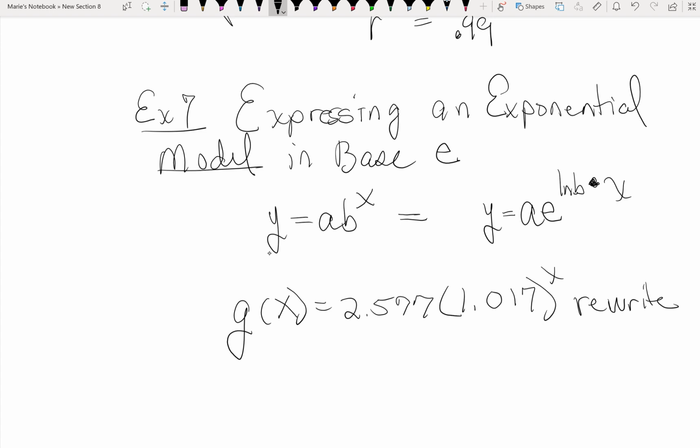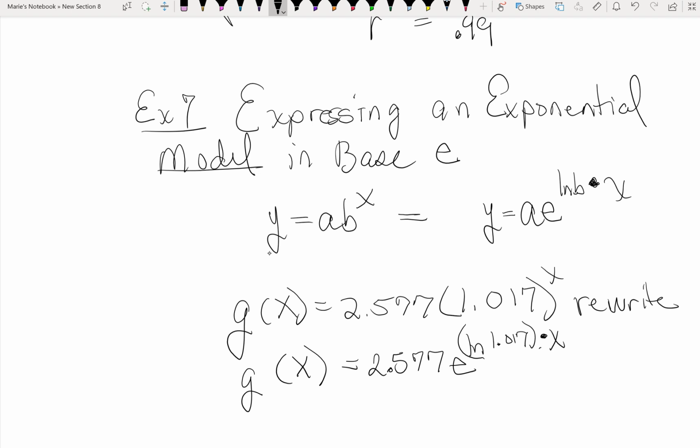And so in our case, we would simply rewrite this as g of x is equal to, notice the writing and the reason I'm doing this in this order, we would start with g of x, since they want it in base e, equal to 2.577 e raised to the natural log of 1.017, and then times x.